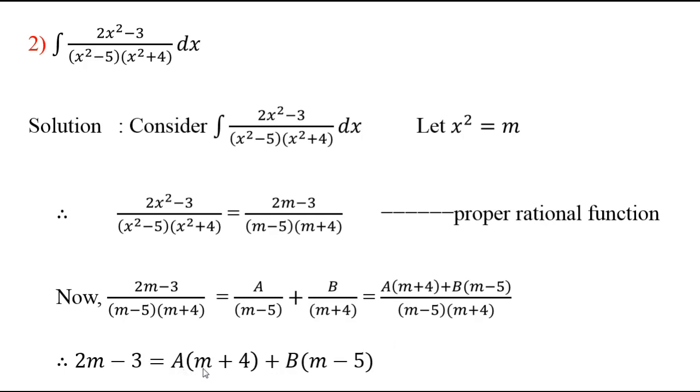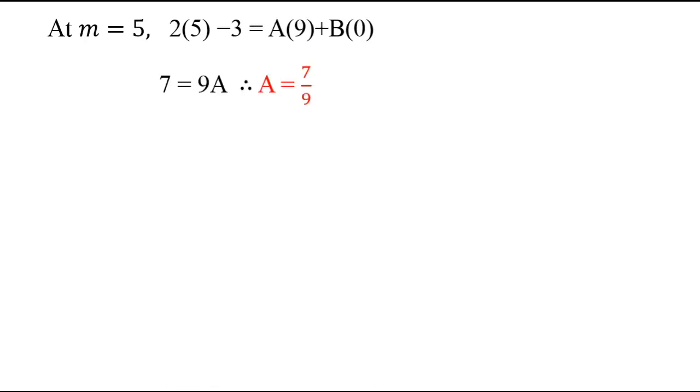So in place of m I will read 5 here. So 2 5s are 10 minus 3, that is 7, and here 5 plus 4 is 9, and here b into 0, that will be 0. So by putting m is equal to 5 in that last equation, I find the value of a, and a comes to be 7 by 9.